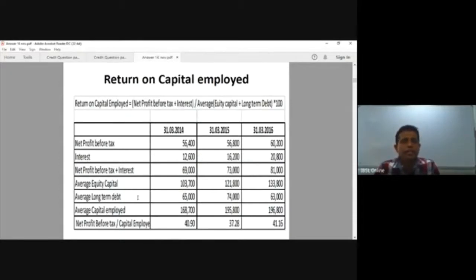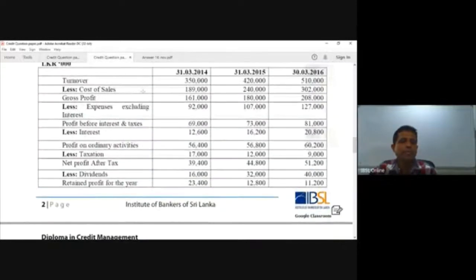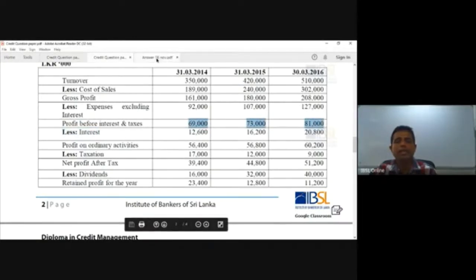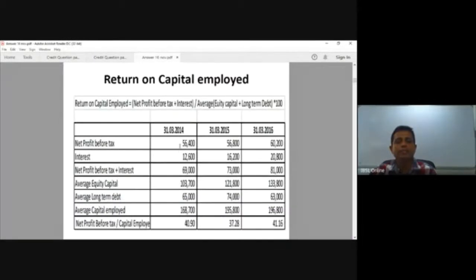First, we take net profit before tax from the income statement: 56,400. The line item we want is profit before interest and tax, but here I made it one line item addition.